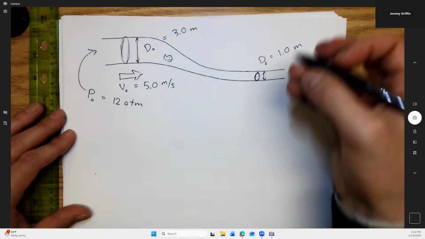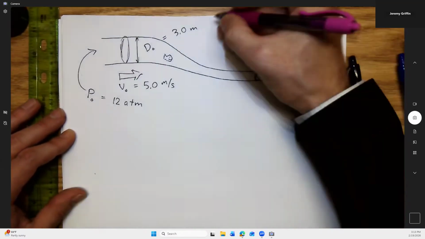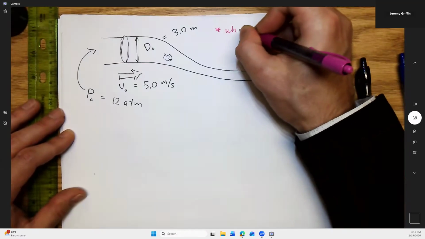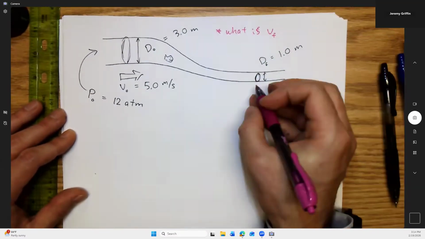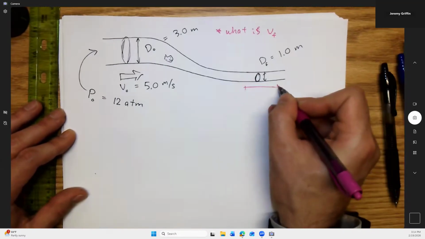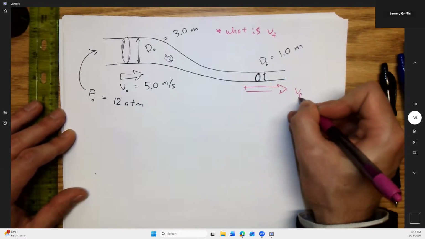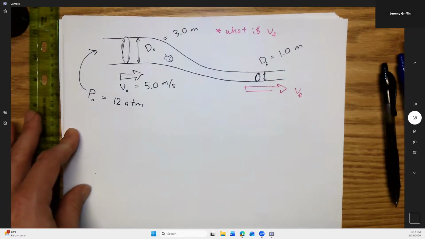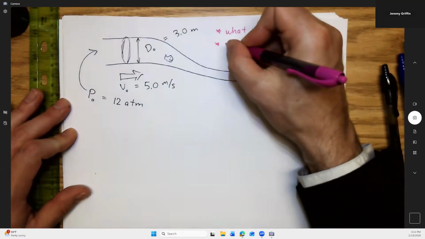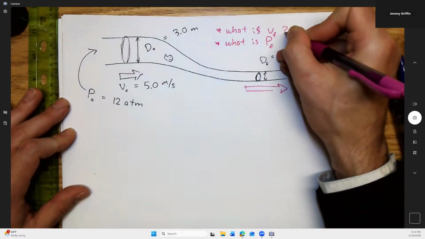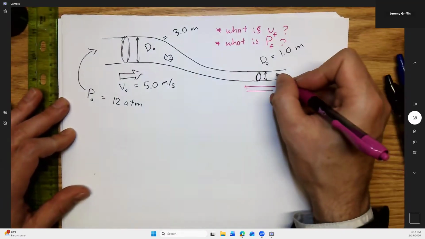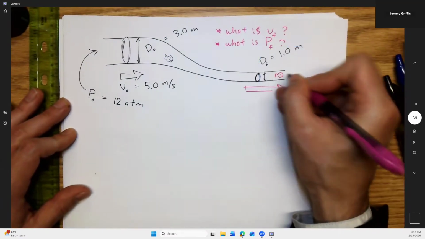So there's two questions. What is V final? There's a different speed of water down here. I'll call this V final. And the other question is, what is pressure final? Because there's some different pressure by the time the fish gets to the skinny part of the pipe.